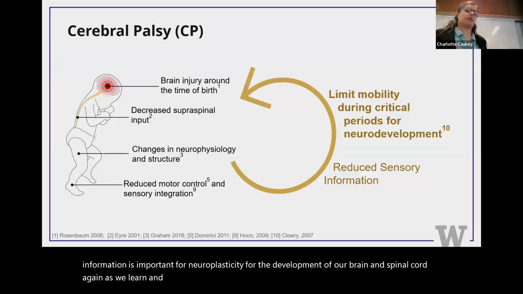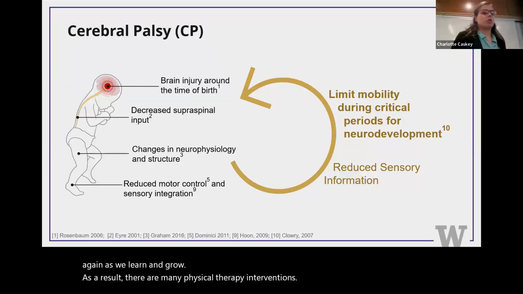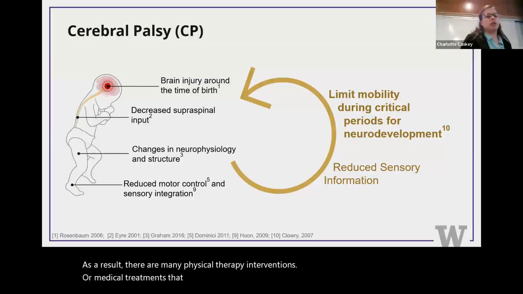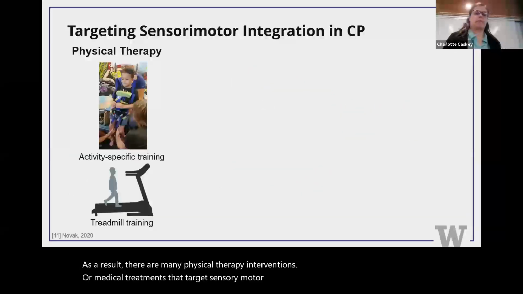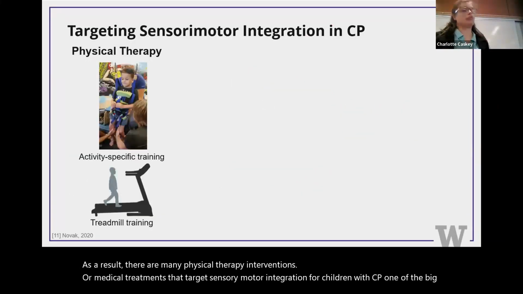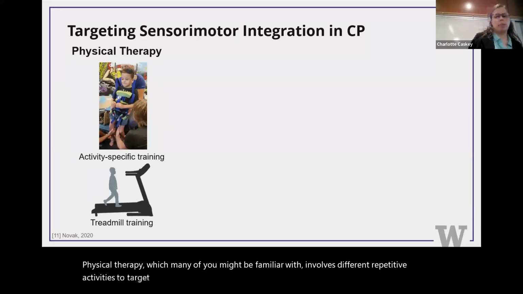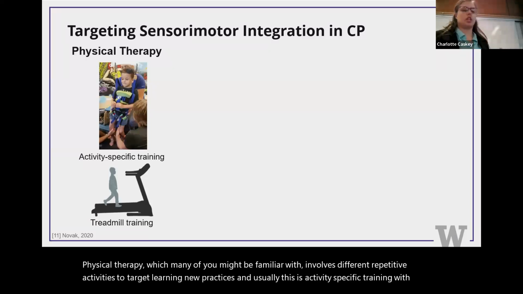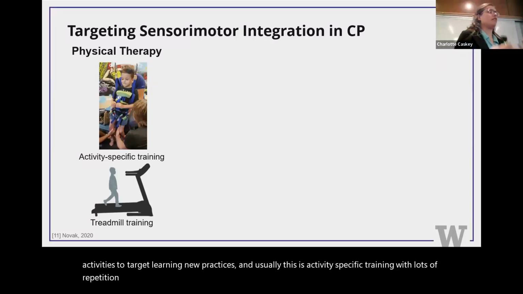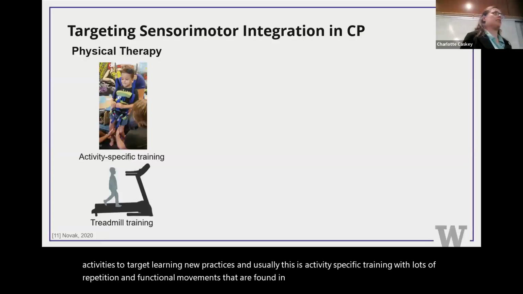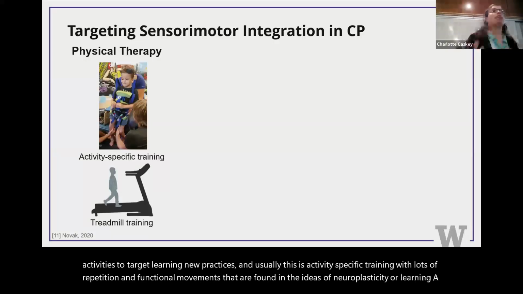As a result, there are many physical therapy interventions or medical treatments that target sensory and motor integration for children with CP. One of the big ones is physical therapy, which many of you might be familiar with, involves different repetitive activities to target learning new practices. And usually this is activity-specific training with lots of repetition and functional movements that are founded in the ideas of neuroplasticity, or learning a particular movement that can translate to daily life.